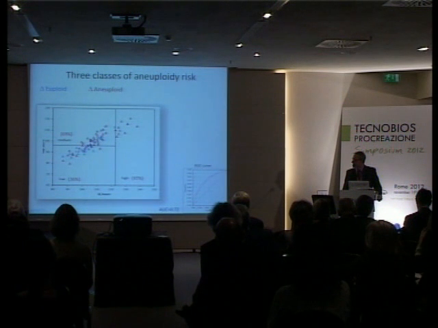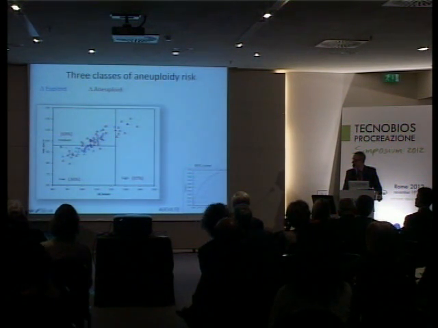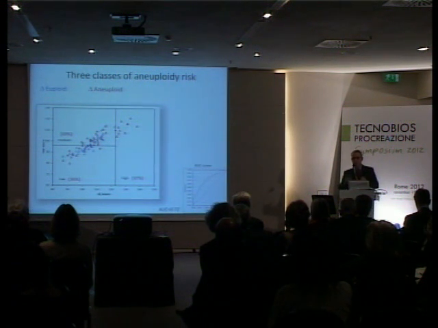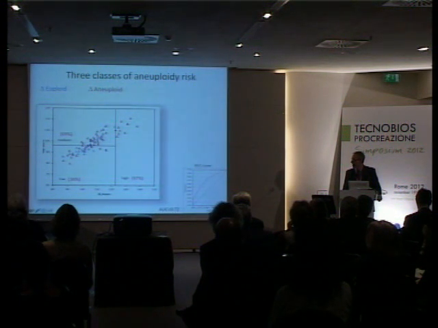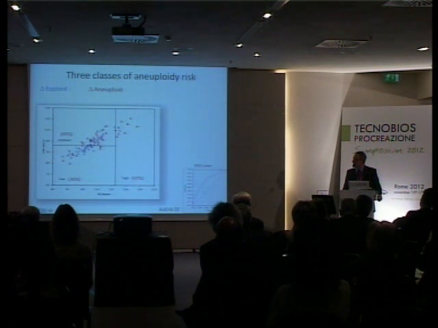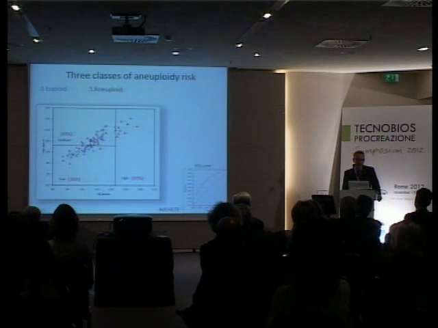But this is not enough, because if you integrate another parameter, which is the initial formation of the blastocyst cavity, you see another effect. So when the initial blastulation occurs later, they say 96 to 97 hours, you still have a relatively higher chance of aneuploidy.